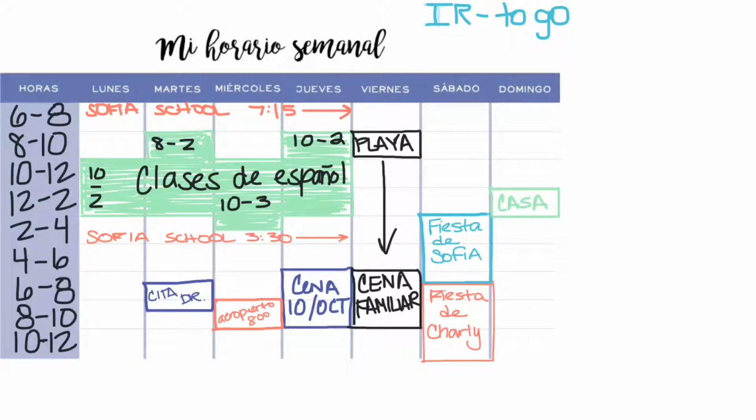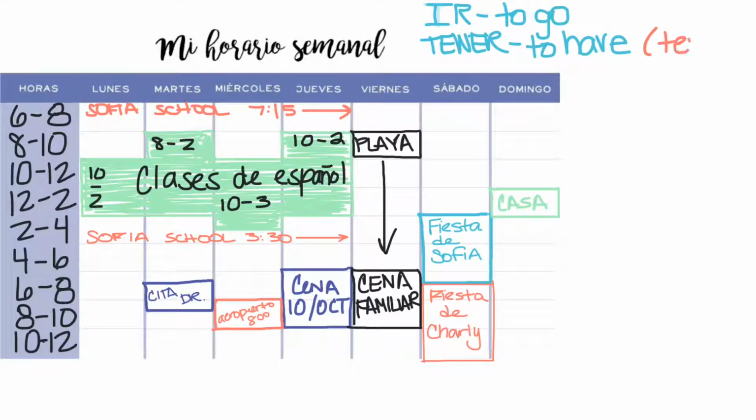So I can use this for a lot of things when I'm not saying I have a class, which I will use the verb tener, but I'm going to conjugate it to say tengo. With ir, I will conjugate it to say voy.